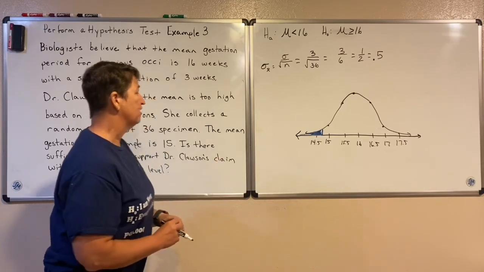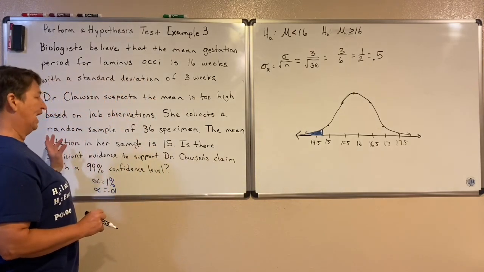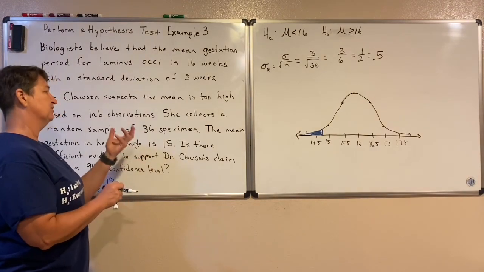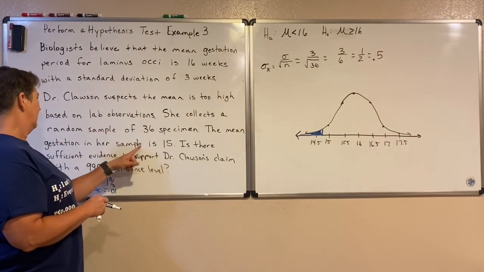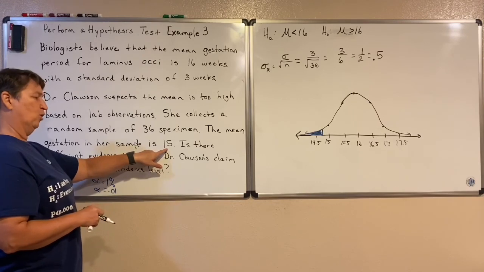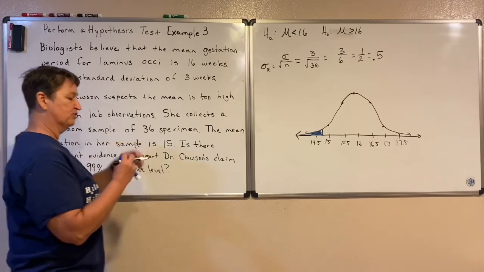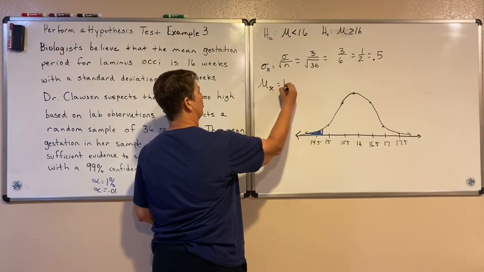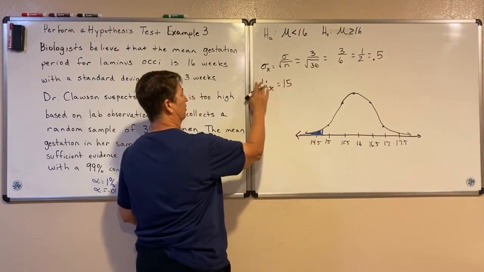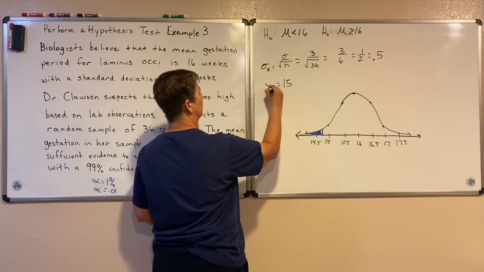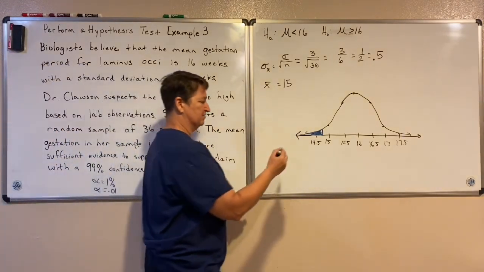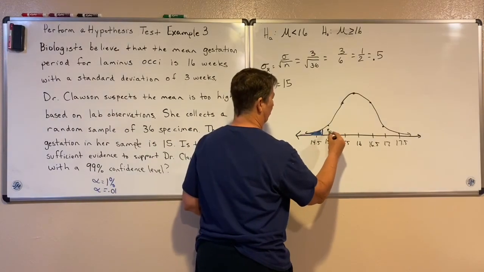Well, let's look at our test statistic and see what we gathered. So she went out, gathered her 36 specimen, looked at the data from it, and found the mean there was 15. So her sample mean was 15. So her test statistic fell there.